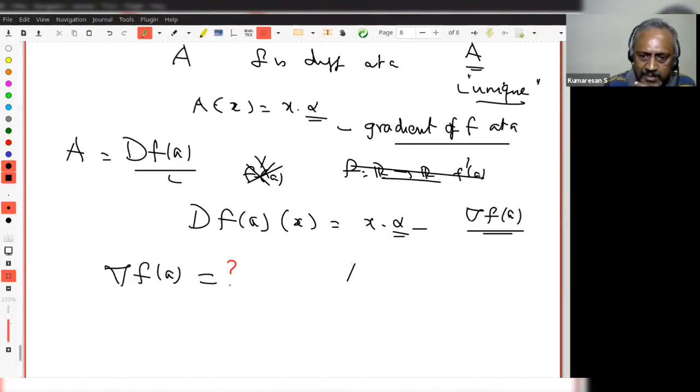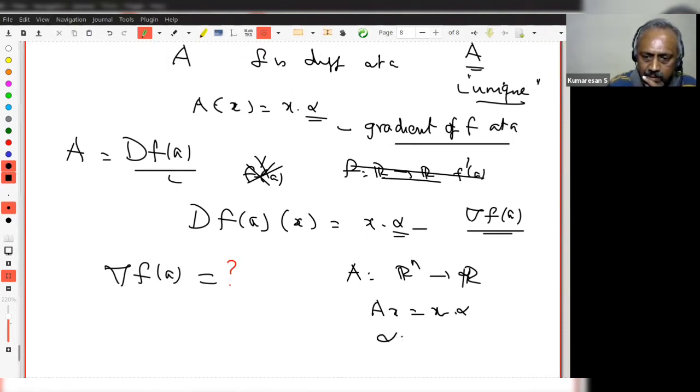Remember, when A is a linear map from Rn to R and Ax equal to x dot alpha, what is alpha? Alpha is alpha 1 to alpha n. But what is alpha 1 to alpha n? This is A of e1 up to A of en, that is, A acting on e1, A acting on en. That's a number, this is a number. You understand?